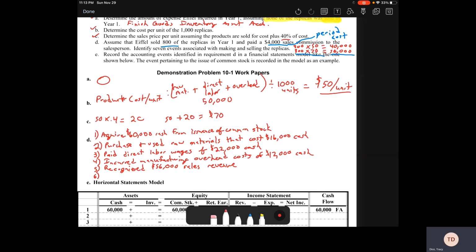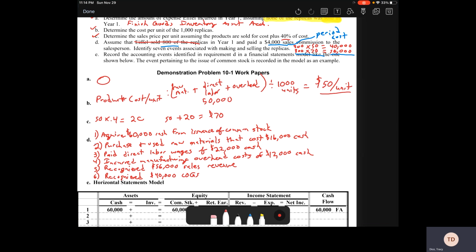And if 5 is recognizing the sales revenue, then 6 has to be recognizing the cost of goods sold. So we recognize 40,000 in cost of goods sold. So that takes care of selling. Then we've got our last thing of paying the $4,000 in our period cost for sales commission.